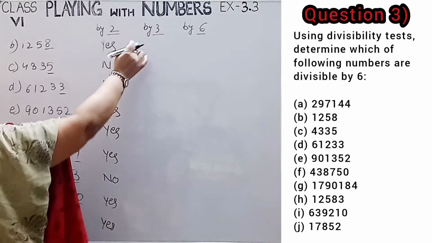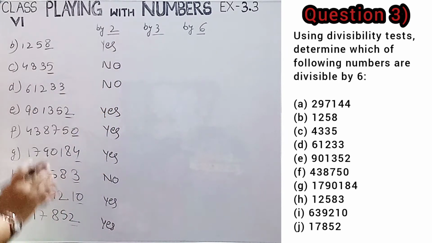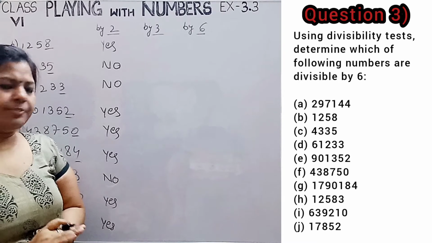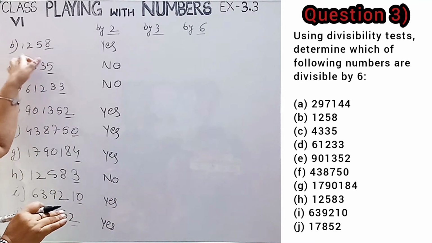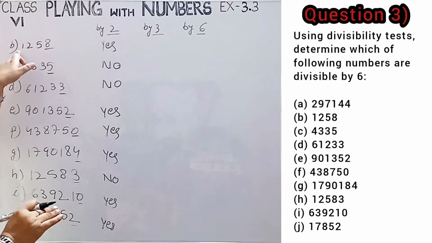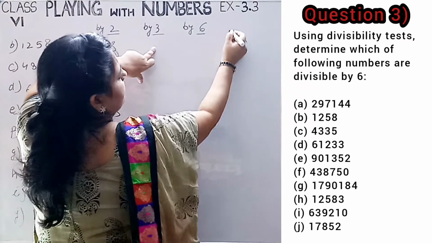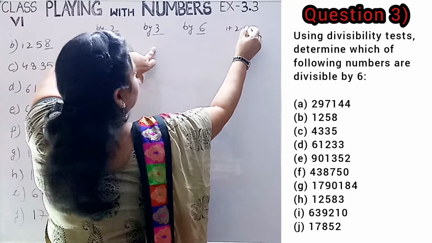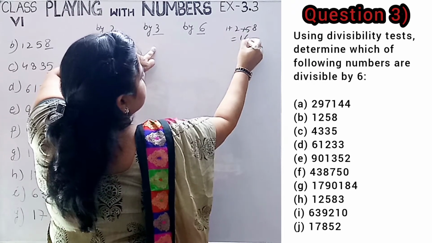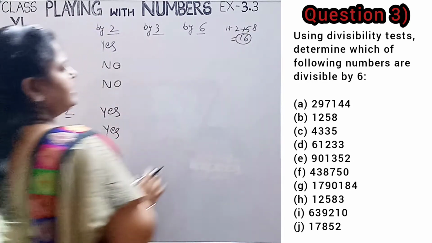Now coming to the divisibility rule by 3. We have already learnt in the last video that we have to add all the given digits here. So 1, 2, 5, 8. First we are going to add 1, 2, 5, 8. We get here 16, and 16 is not a multiple of 3.